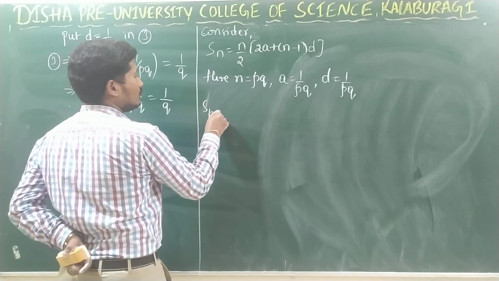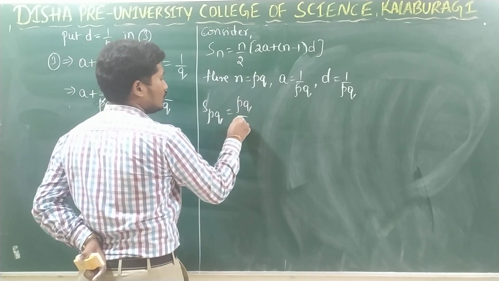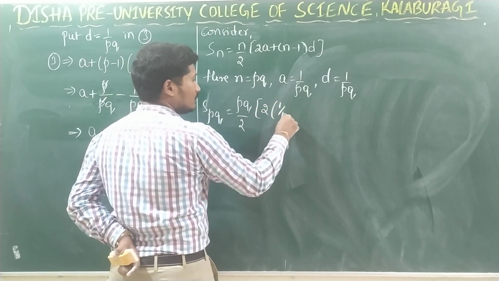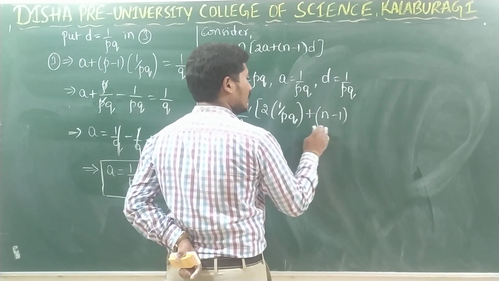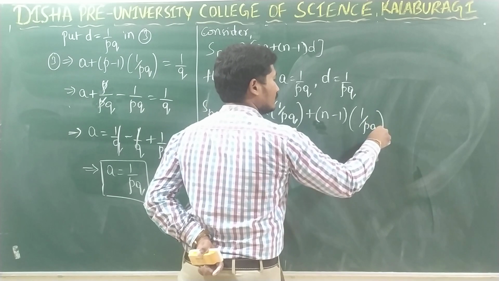So Spq is equal to pq by 2 into (1 by pq, that is the value of a, plus (n minus 1) into the value of d, which is 1 by pq).